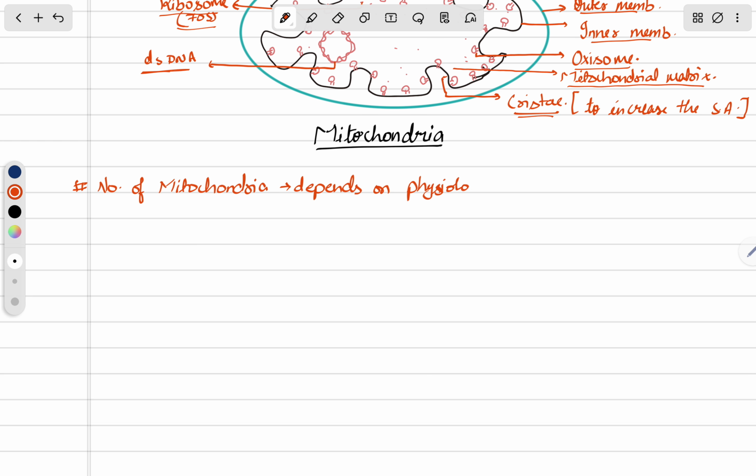Now why does it depend on physiological activity? Suppose a cell is energetically active, then it will have more mitochondria, because mitochondria is known as the powerhouse of the cell because it produces ATP, which is the energy currency of the cell. So any cell which requires more energy will have more mitochondria.